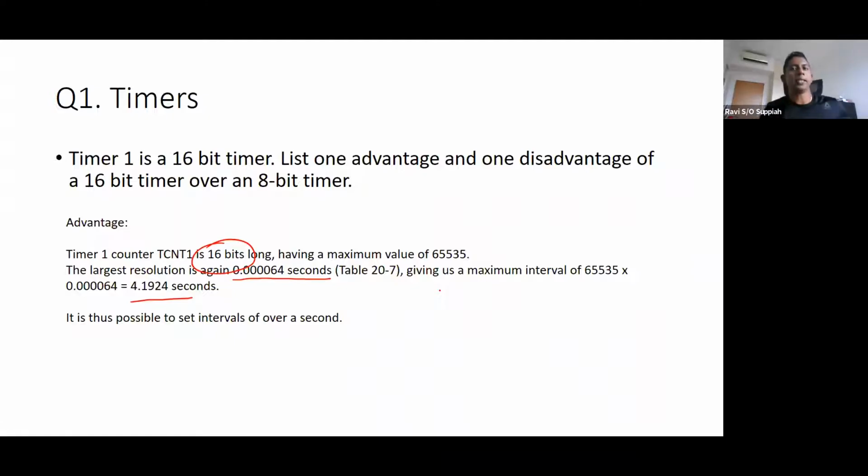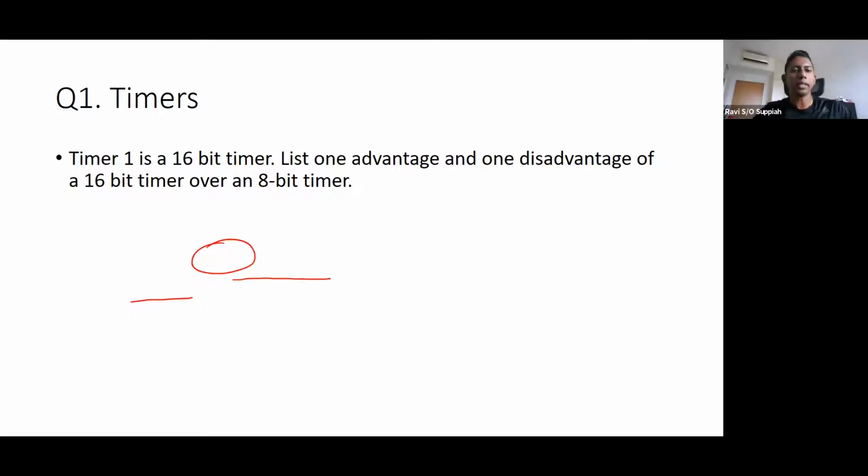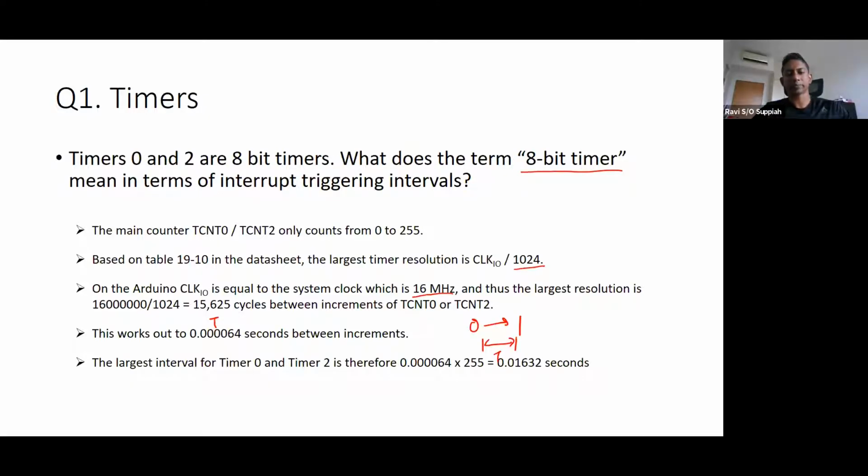Of course, if you look back at the earlier tutorial using the 8-bit timer, you can still capture larger intervals or events, but you need to keep track of that separately in your ISR, correct? If you remember, there was one slide where every time I trigger the interrupt, that interval is 0.01632 seconds.